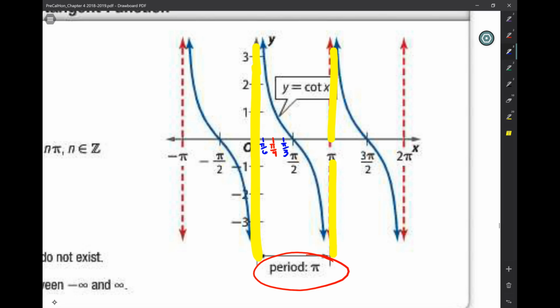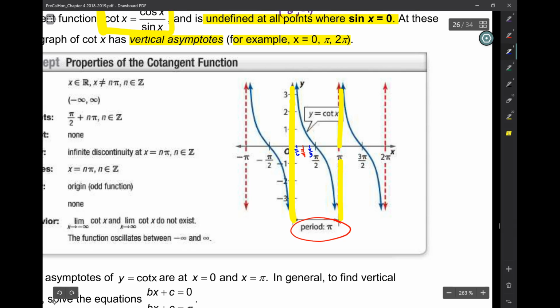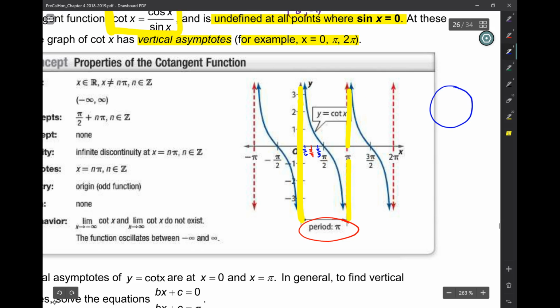So when we look at how this is the same as what's on the unit circle, if this is 0, and this is pi over 2, this is pi over 4, pi over 6, and pi over 3, right? Okay, so do we see that this corresponds to the first quadrant on the unit circle? It's the same angles here as the first quadrant on the unit circle.